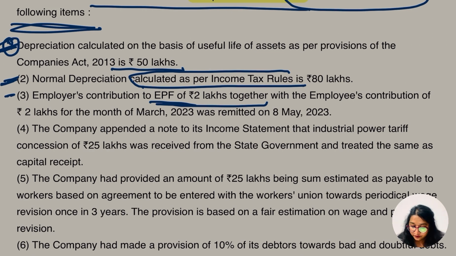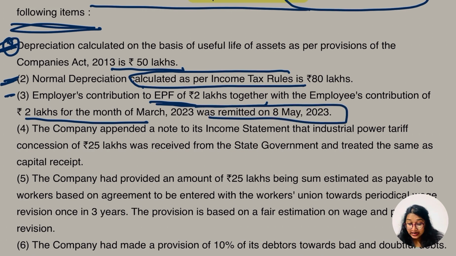So the employee's contribution of 2 lakh for the month of March 2023 was remitted on 8th May. It was remitted on 8th May, and this was for the month of March, which is to be remitted within the 15th of the next month, which is April 15. By April 15 it is to be remitted.